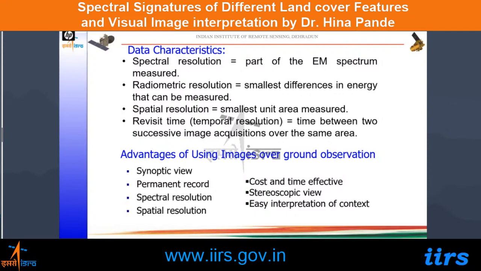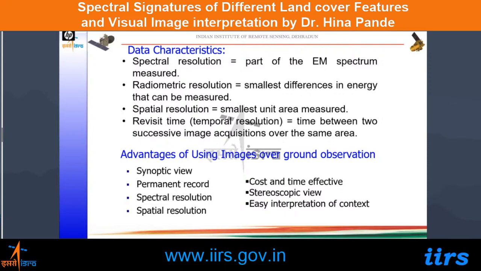Now, the advantages are, of course, as you are already aware, that these kinds of images, compared to ground observation, give us a synoptic view. They are a permanent record, so we can go back in time and see what the situation was earlier and compare it with what it is now. We are able to see in different spectral regions.